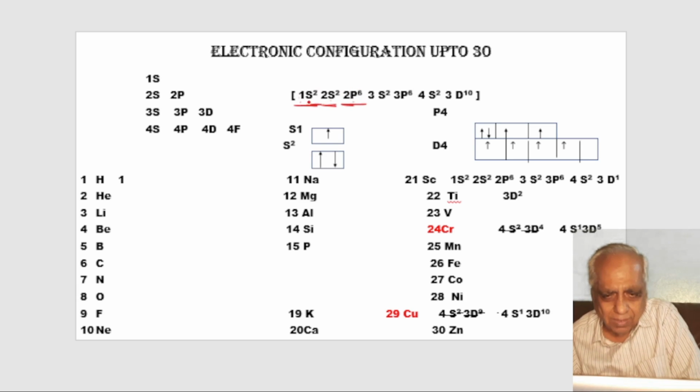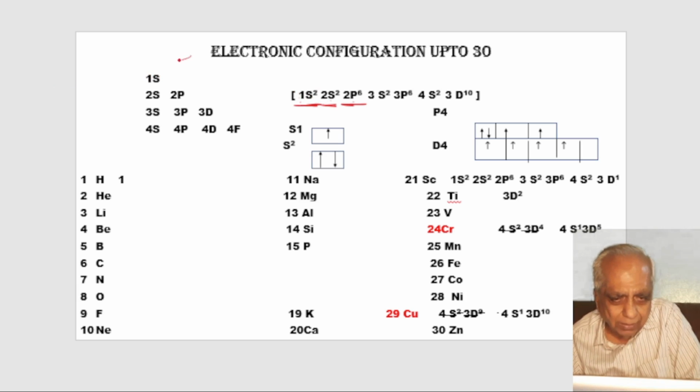Now to understand how I can write, you start from here 1s2. We make lines from here. Then make a line parallel so that it passes through the next element. So then it will be 2s2. Then make another line parallel.